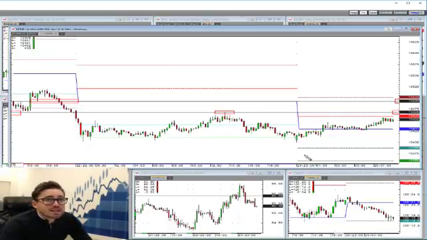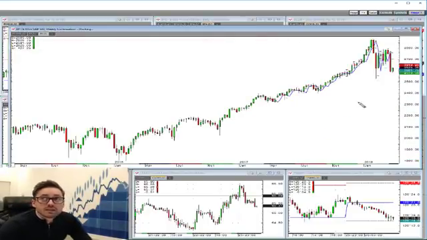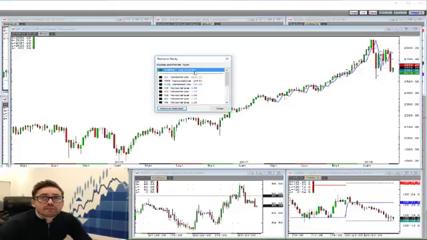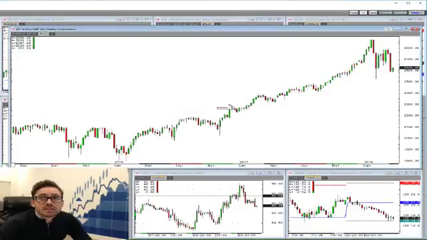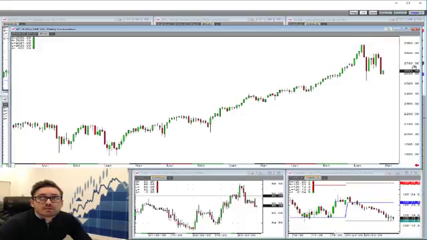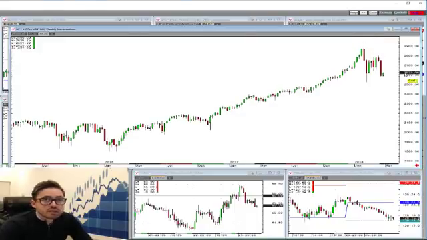Moving over to US equities, I'm just going to put this onto a weekly chart. Let me just clear everything up there. So you can see a couple of down weeks in a row. Obviously just having a little bounce early this morning, and the last time we had 3 down weeks in the S&P was back in April 2016, I think. Yeah, April 2016.